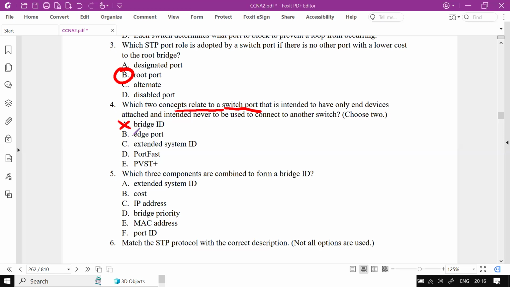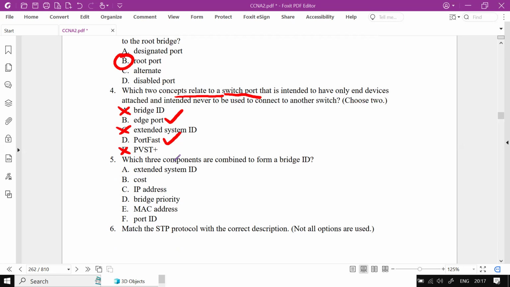The bridge ID and the extended system ID have nothing to do with the switch port. Per VLAN spanning tree has nothing to do with the switch port. You either know these are the two answers, or you can use the method of elimination. So those are the two concepts that relate to a switch port intended to have only end devices: PortFast and the edge port. Right.